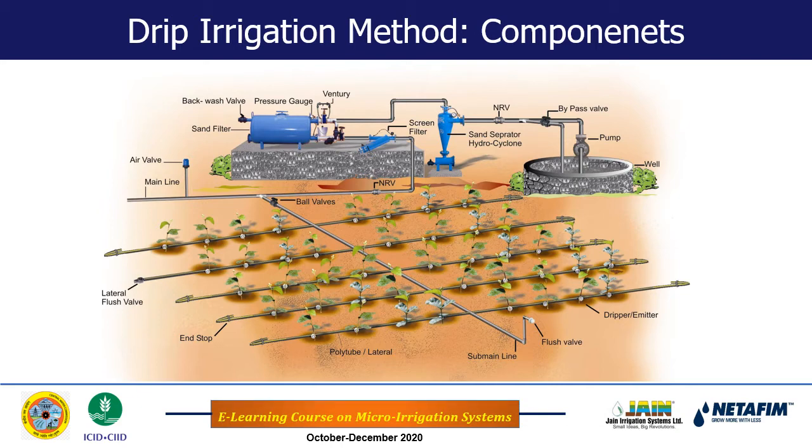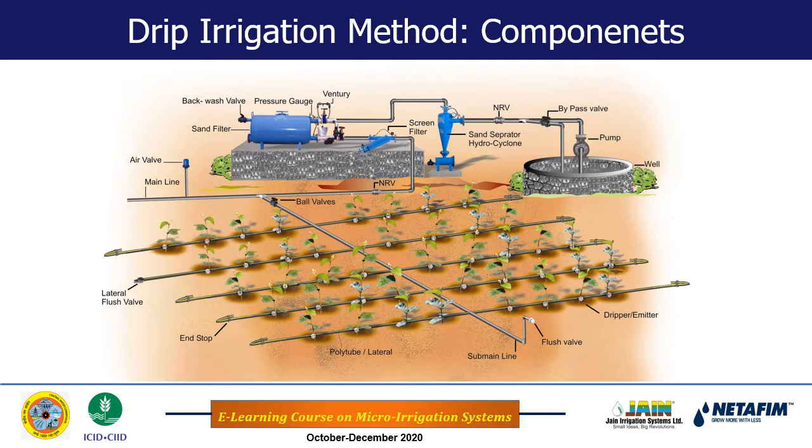The laterals are spread over the soil surface, and in this figure they are along the rows of the plants, which means one lateral is used for one row of plants. So if we start again now from the end, you see the lateral, which is laid along the plant rows, all the laterals.